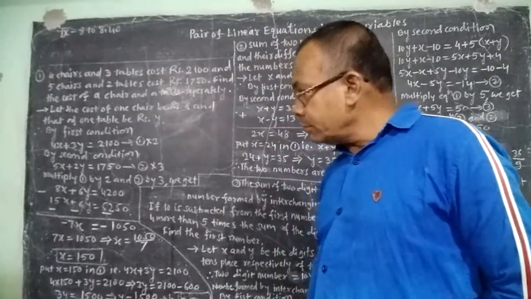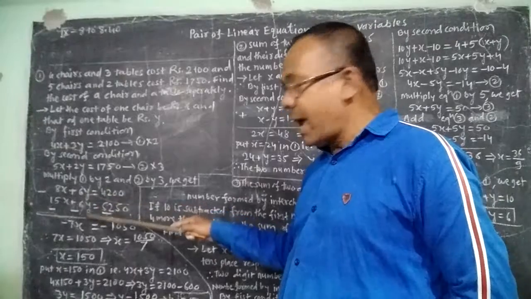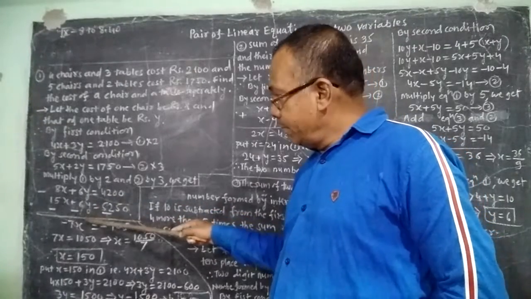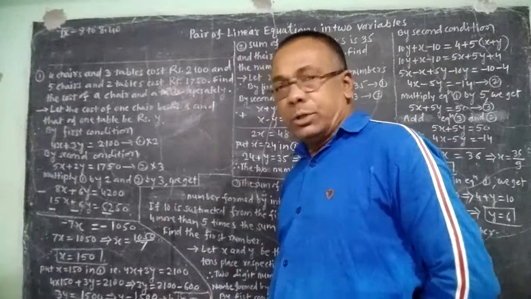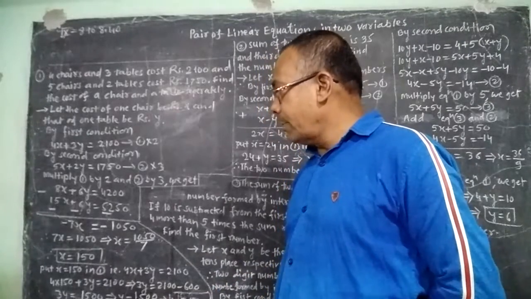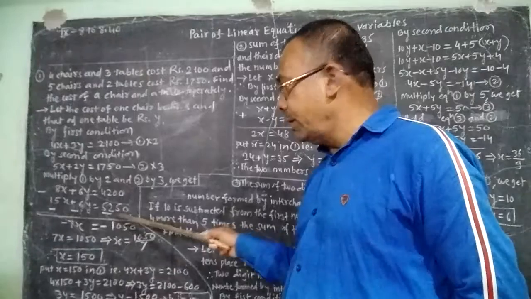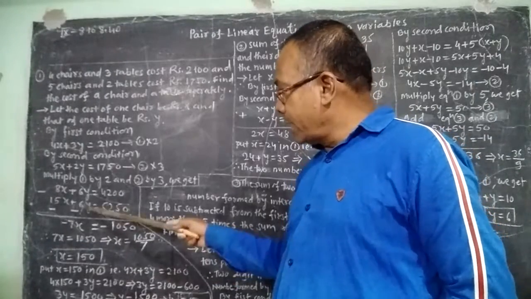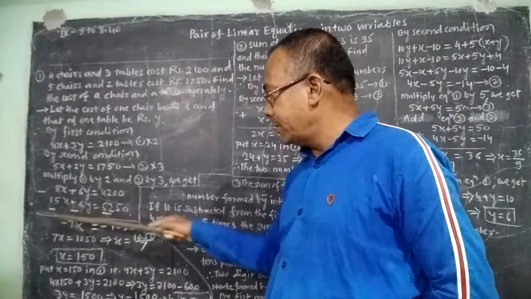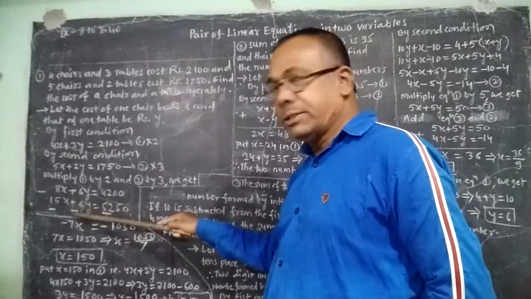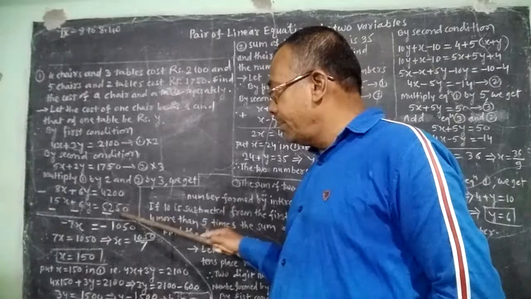Since the coefficients of y are equal and their signs are also equal, we have to subtract these two equations. Means after subtracting, we change the signs of the second equation: 15x becomes minus 15x, plus 6y becomes minus 6y, and plus 5250 becomes minus 5250.